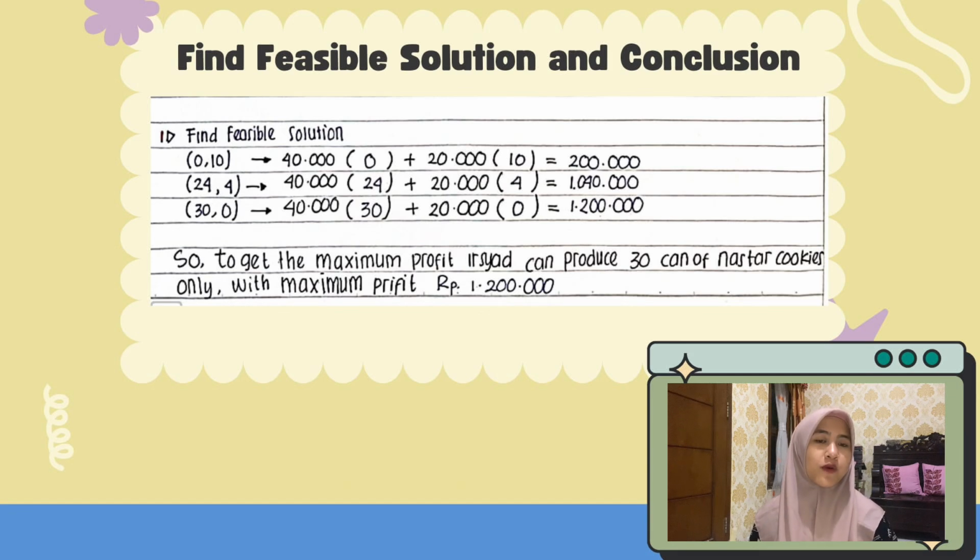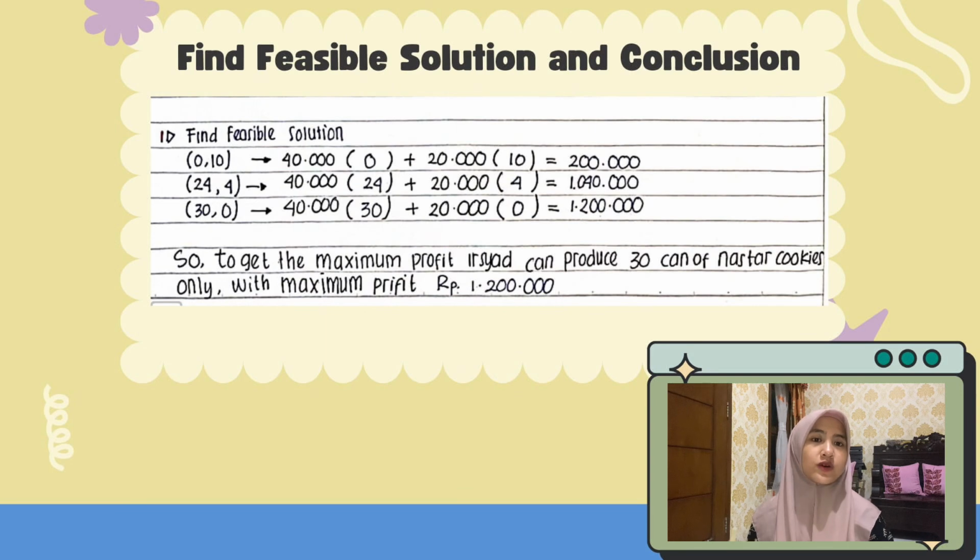Next, we evaluate the objective function at all corner points of the feasible region. First, at the point (0, 20), substituted in the objective function, the result is 400,000 rupiah. Second, at point (24, 4), the result is 1,040,000 rupiah. And third, at the point (30, 0), the result is 1,200,000 rupiah.